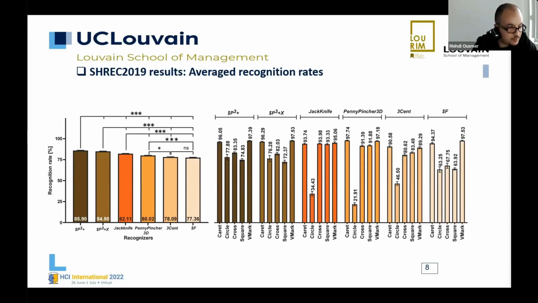As you can see, $PQ plus has the best recognition with 85.90%, followed by $PQ plus X and Jackknife. On the right part, we see the average recognition rate per gesture class. We remark that for many recognizers, the circle gesture is the one with the low recognition rate.